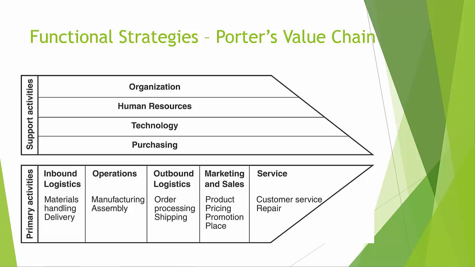In contrast with your support activities, if we start here at the bottom, if you start with purchasing, you're looking at decisions that impact all of your primary activities. So if you run a restaurant, you can choose to source your materials locally, so you only purchase from farmers markets, and I'm sure you know of some restaurants that make that a possibility.